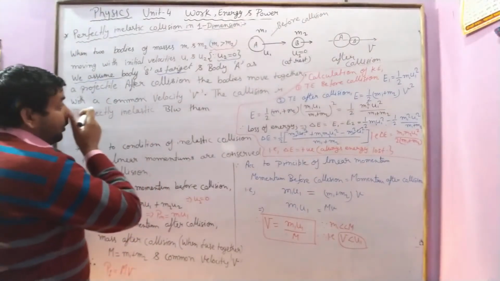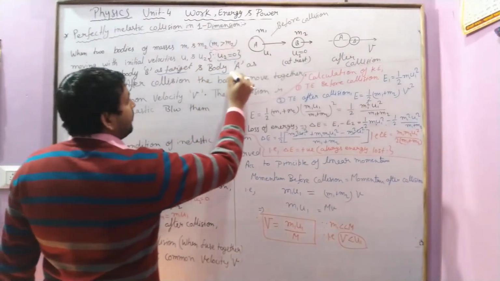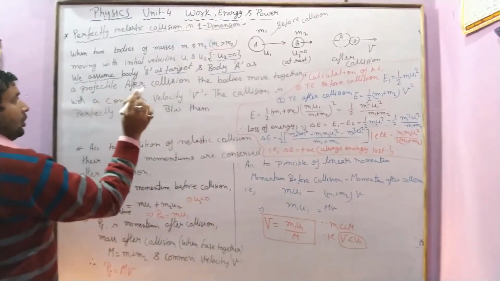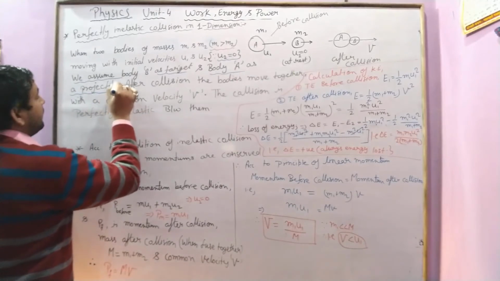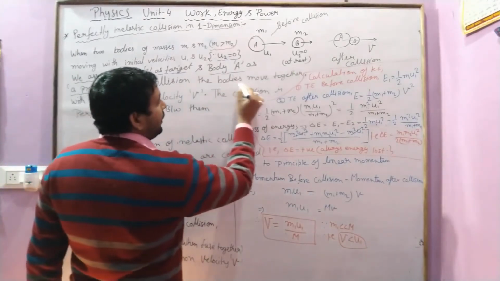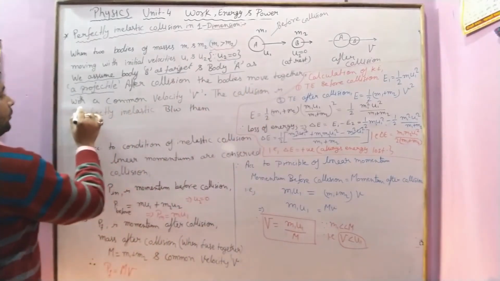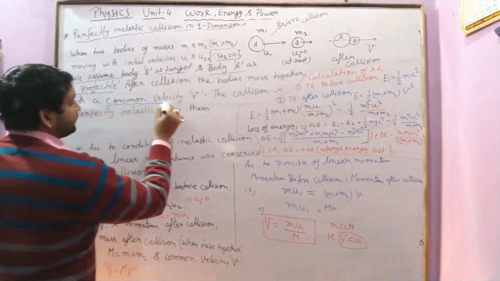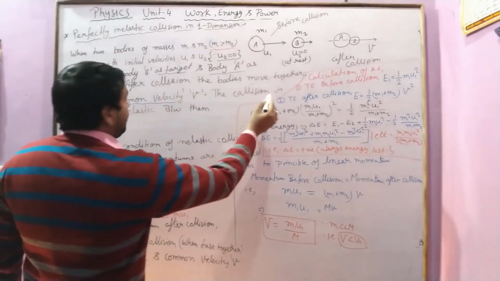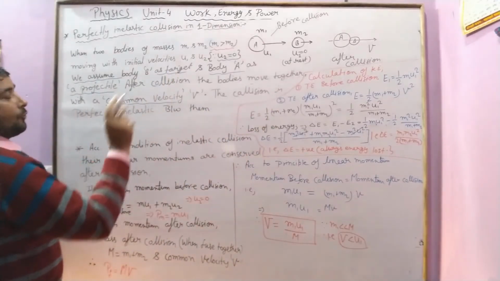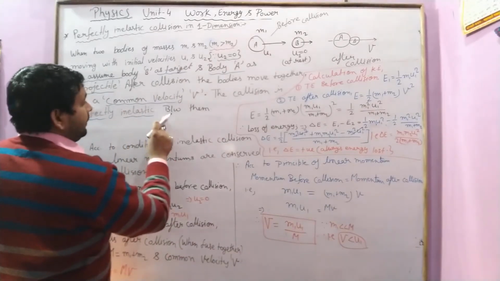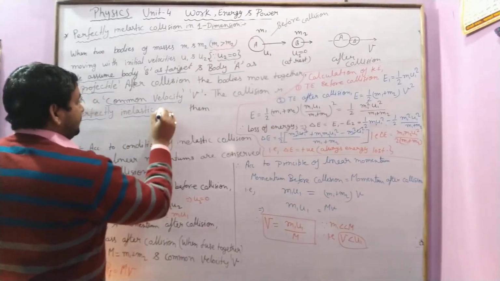We assume object B as target, and object A, because it is moving initially with a velocity u1, is termed as projectile. After collision, the bodies move together with a common velocity v. This type of collision is called perfectly inelastic collision between them.